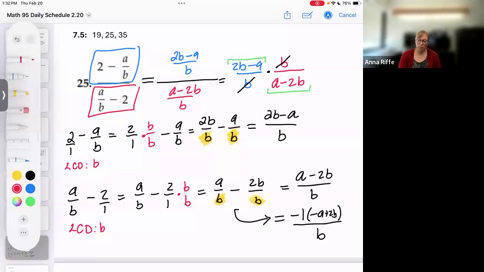So let's go ahead and make that modification here. Oops. I'm going to change the top of this, and I'm going to change the bottom of that, and write it as this negative 1 times negative a plus 2b, or negative 1 times 2b minus a. It's another way to write that.